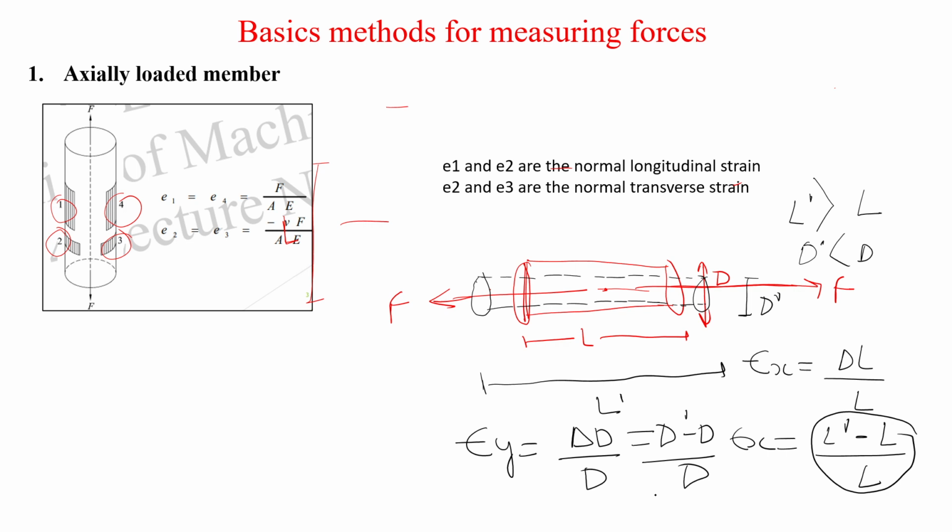So this is a very interesting thing to note: when you are applying force only in the X direction, right? Yes, sir. If you are applying a force in some particular direction, then the change in dimension should be there only in that direction. However, the dimension is also changing in the perpendicular direction.